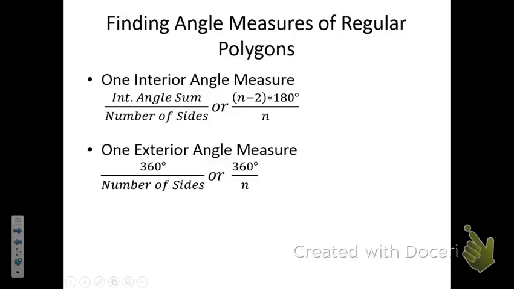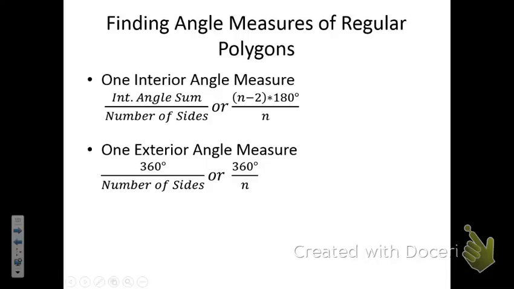What was the exterior angle sum always? 360, and we talked about that on Monday, that regardless of whether I have a 20-sided figure or a 5-sided figure, all the exterior angles must add to 360. So if I want to figure out what one of those exterior angles is, take 360, divide it by the number of sides.